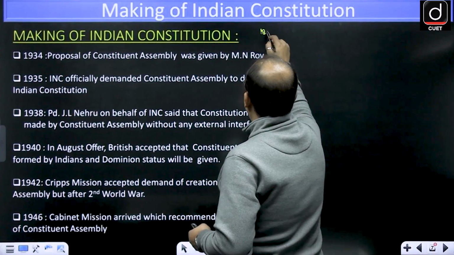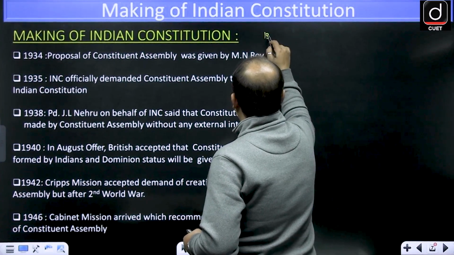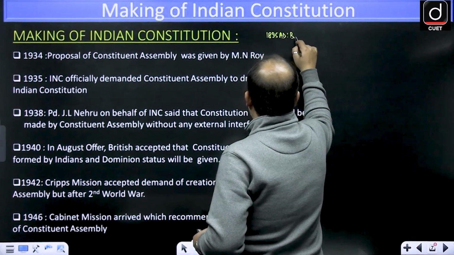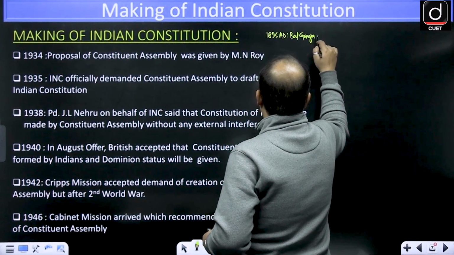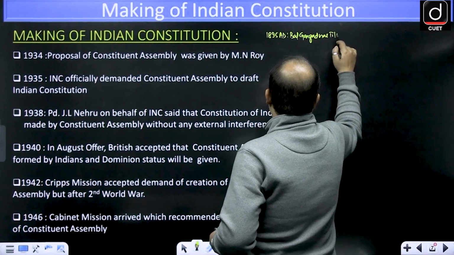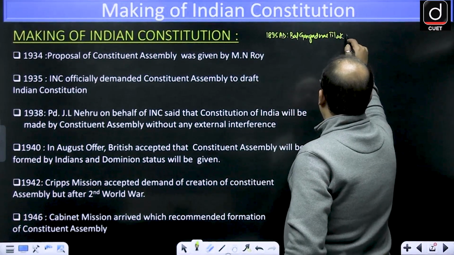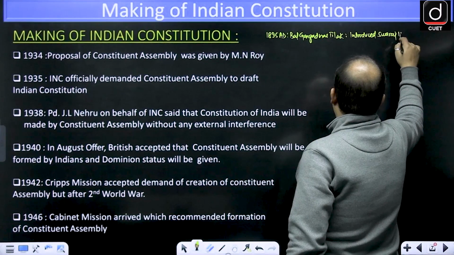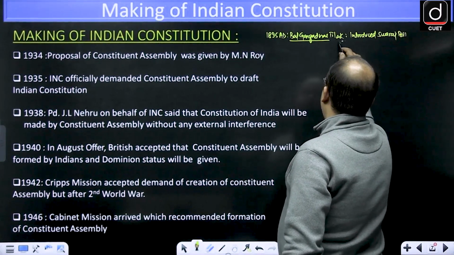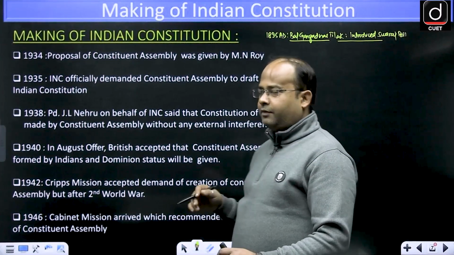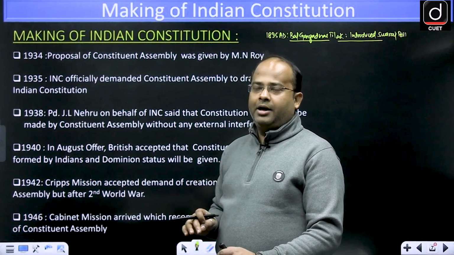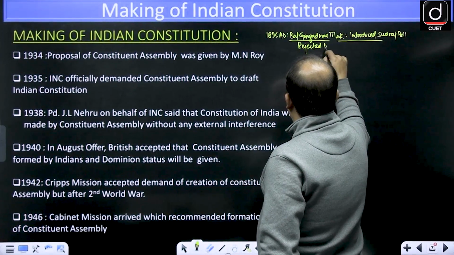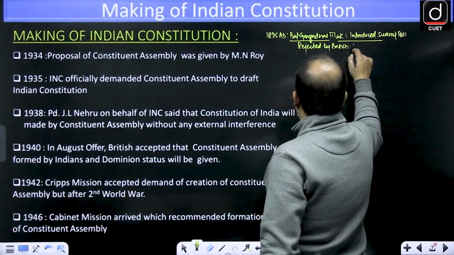So in 1895, Bal Gangadhar Tilak introduced the Swaraj Bill, and this Swaraj Bill demanded the formation of a Constitution for India, but it was rejected by the British government.